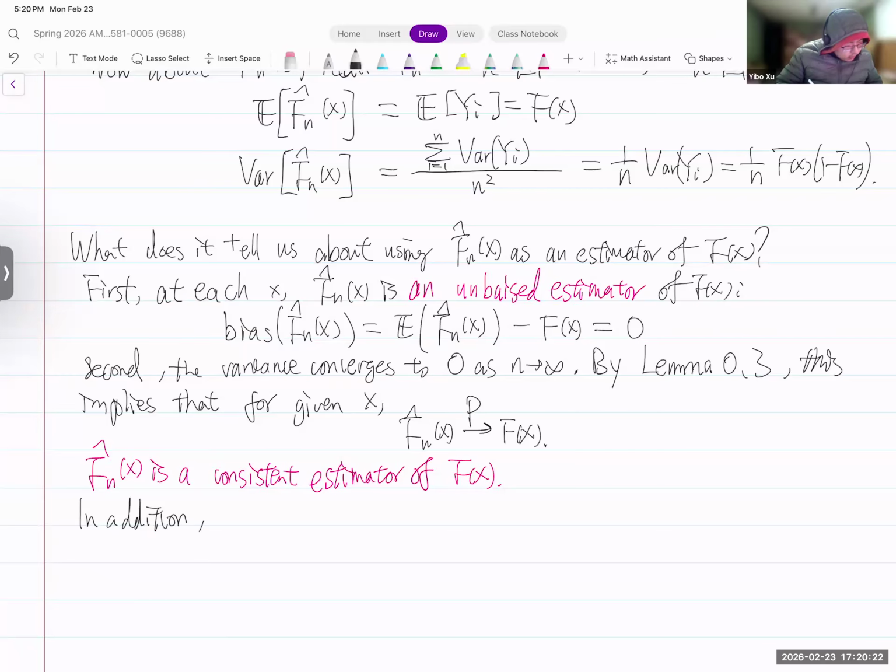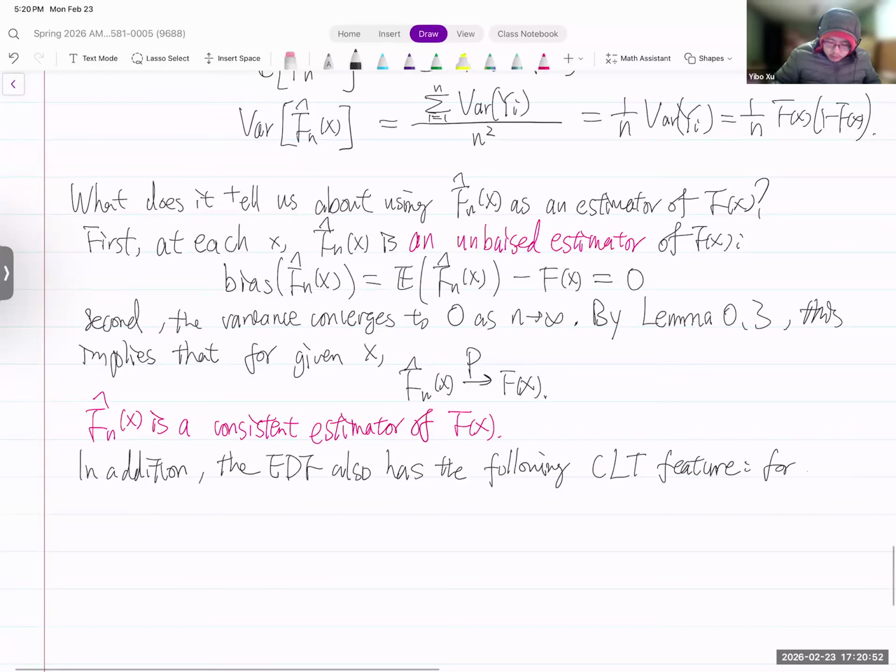In addition, the EDF also has the following central limit theorem feature for given x.